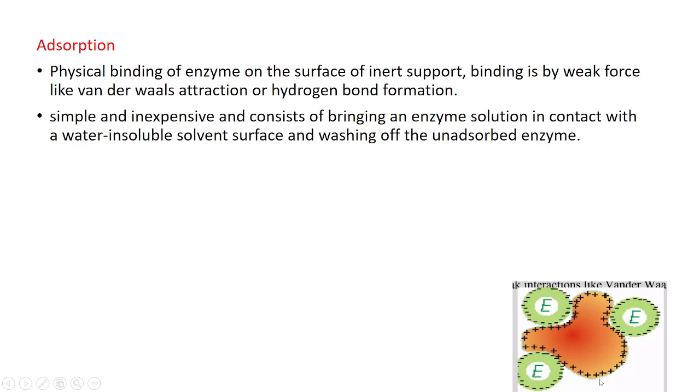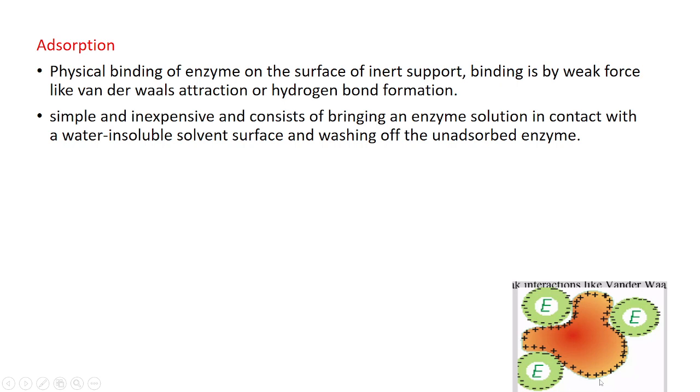This is a simple and inexpensive method. How you do this is you bring together the enzyme solution and the water insoluble matrix together, and the enzyme will come and bind onto the matrix.